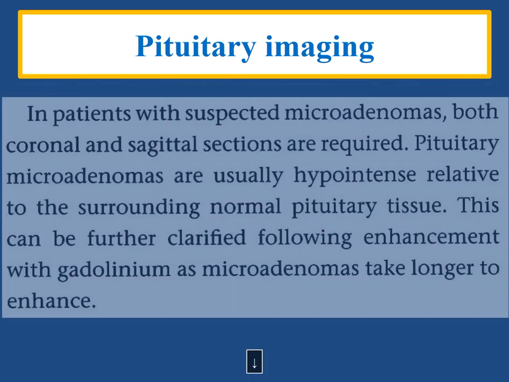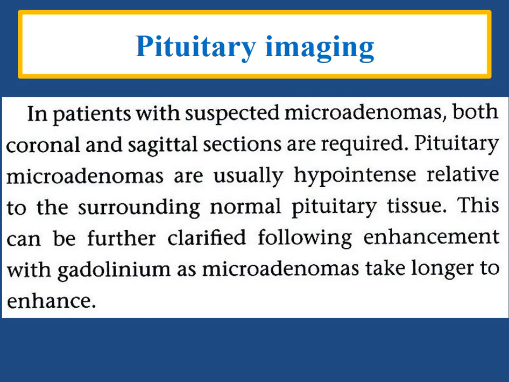In patients with suspected microadenomas, both coronal and sagittal sections are required. Pituitary microadenomas are usually hypointense relative to the surrounding normal pituitary tissue. This can be further clarified following enhancement with gadolinium, as microadenomas take longer to enhance.